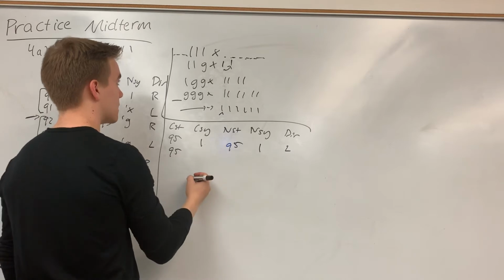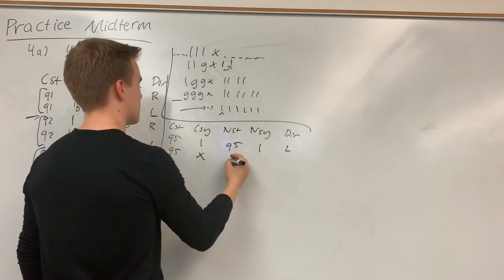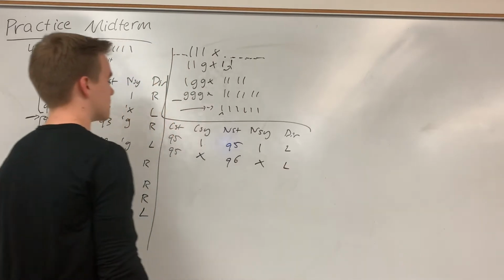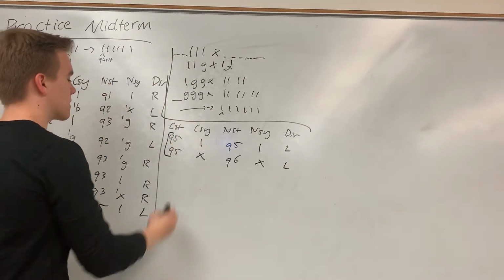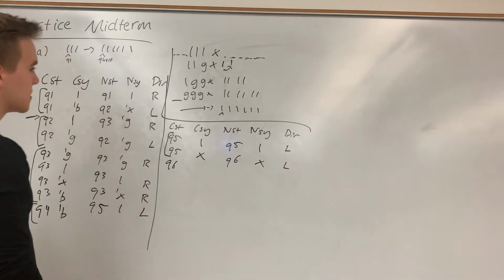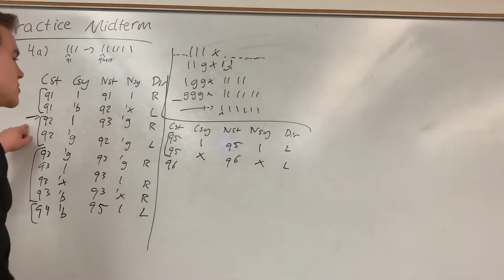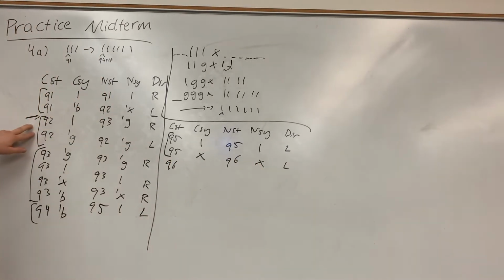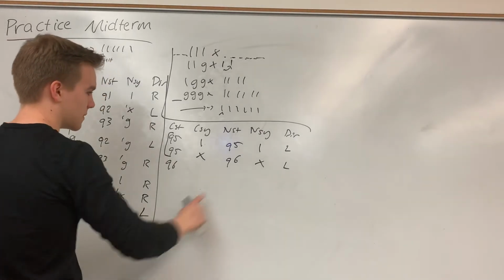Q5, if you see an X, move to Q6, leave it as an X, move to the left. In Q6, actually, can't we just go back to Q2 after we do that? After we see this X and leave it as an X, move to the left, we're going to move to Q2. Okay, sure. So this should be Q2 here.